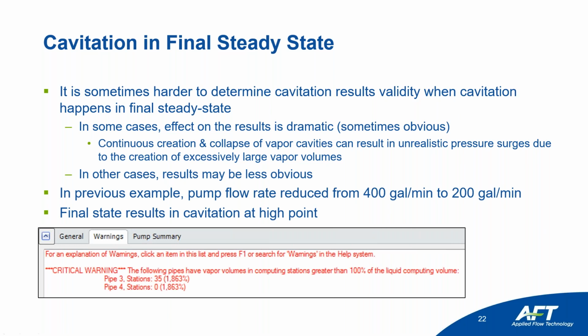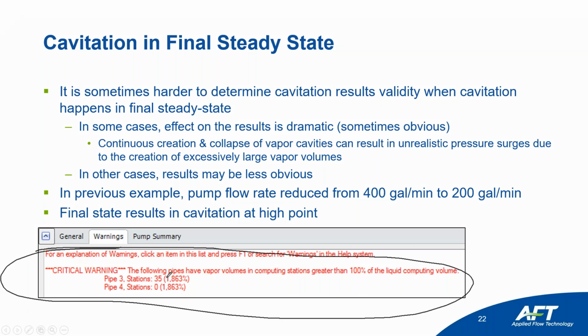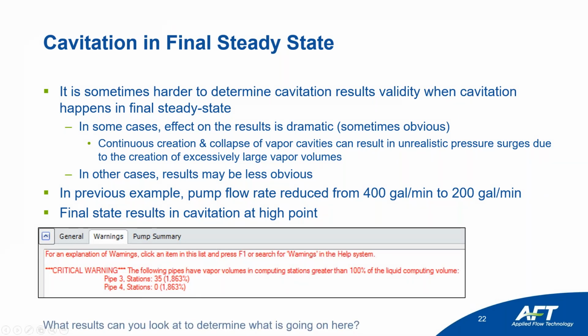And what you'll find here is that you actually have a very concerning critical warning message. It's telling you that your pipes have vapor volumes in their stations greater than 100% of the liquid computing volume. So they are getting very large. Well, what's going on there? Let's take a look.